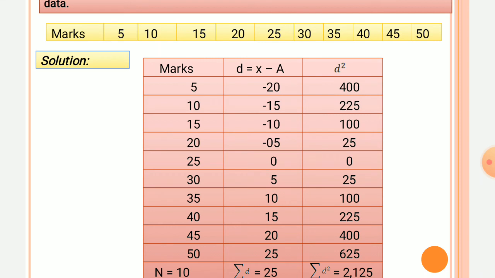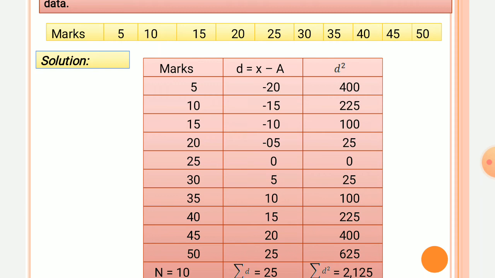calculated. After taking the difference, you have to square it, so d becomes d square. Minus 20 whole square is 400. Minus 15 whole square is 225. Minus 10 whole square is 100. Minus 5 whole square is 25. 0 is 0, 5 square is 25. 10 square means 100. 15 square means 225.